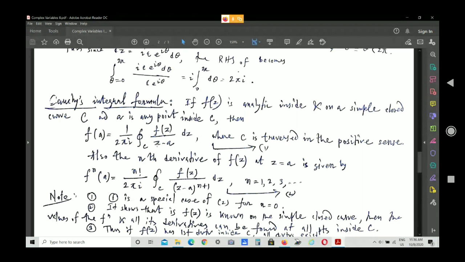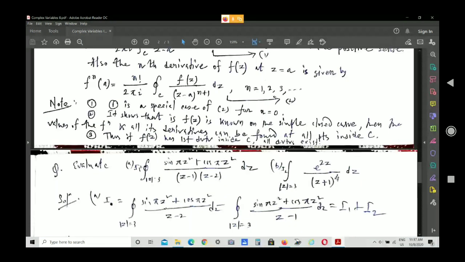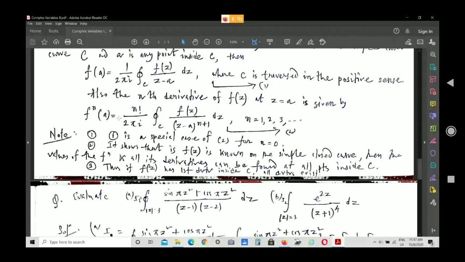If (z minus a) to the power 1 is there, then we use the first formula, and if you have z minus a to the power something more than 1, like here you have 4, then you have to apply this formula. This formula says that f^(n)(a) equals n factorial divided by 2 pi i into the integration of f(z) by (z minus a) to the power n plus 1.